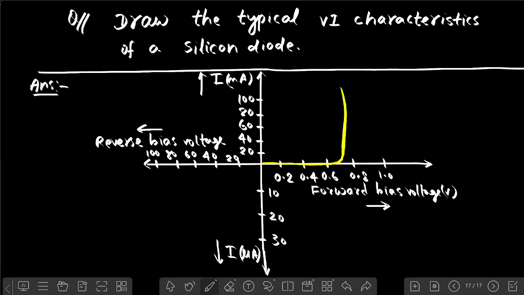So this is your forward bias characteristics.